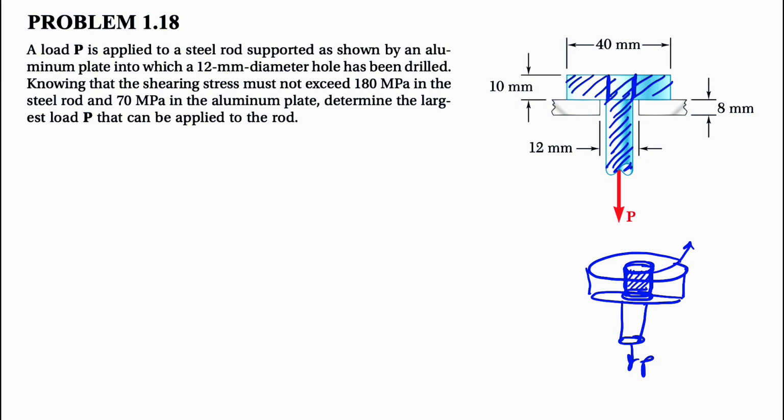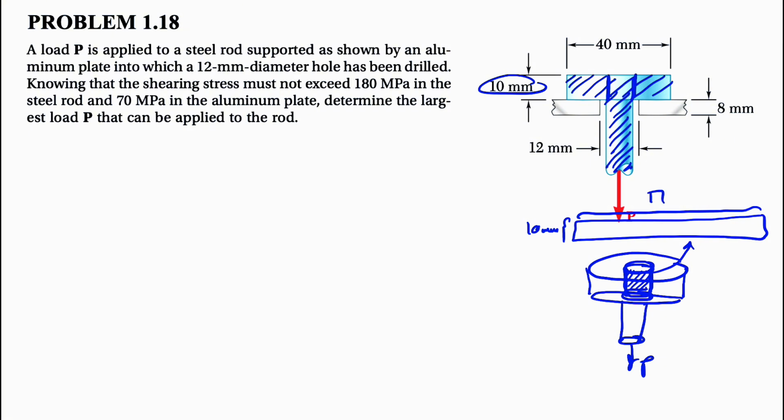If we open up this surface, we're going to see a band where one of the sides is 10 mm, and the other side would be the perimeter of that hole inside the steel plate. The perimeter would be pi times the diameter, which is 12, so pi times 12 millimeters.